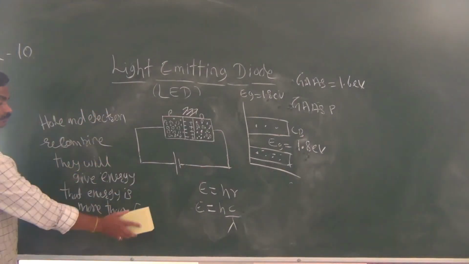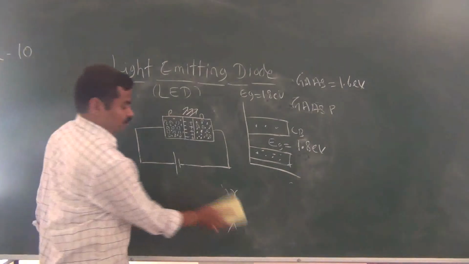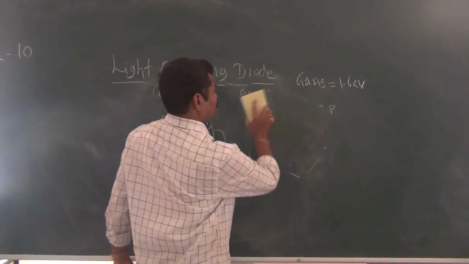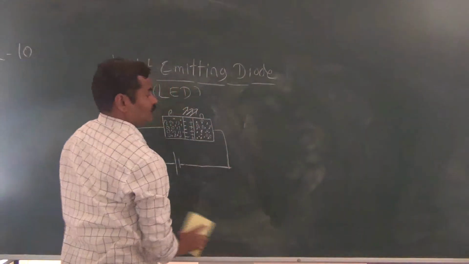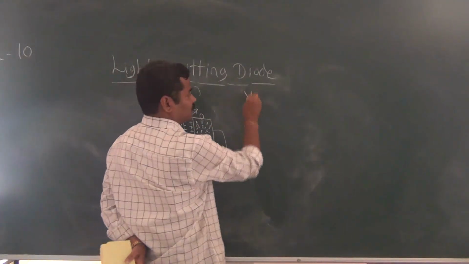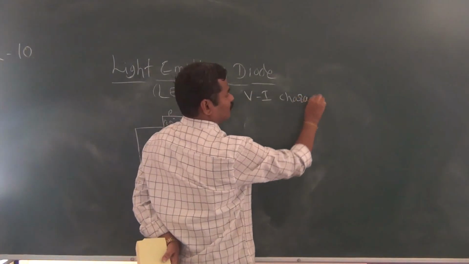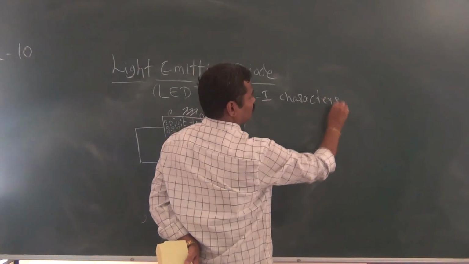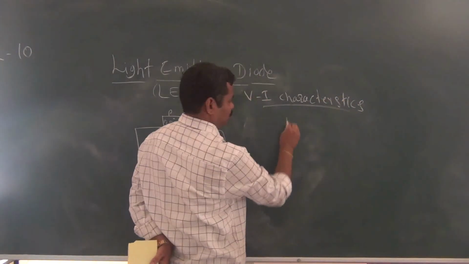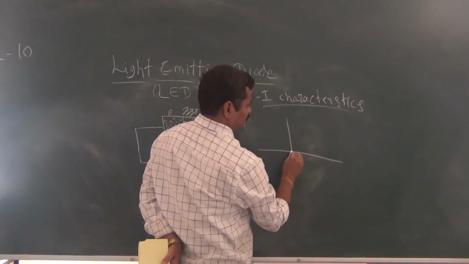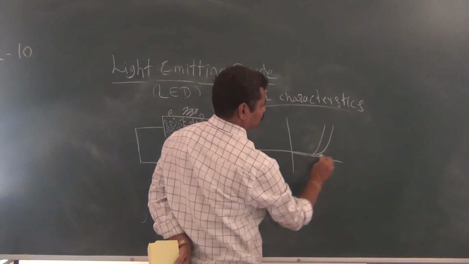Now, as I said, it is similar to the normal diode. We will go for the VI characteristics. It is similar to the normal diode, but the important thing is that they are different.